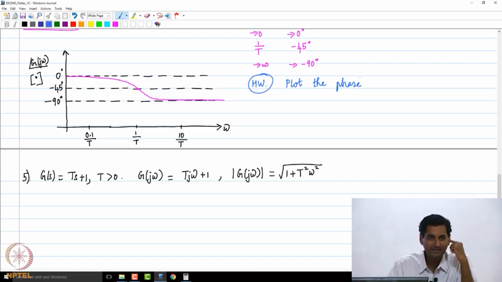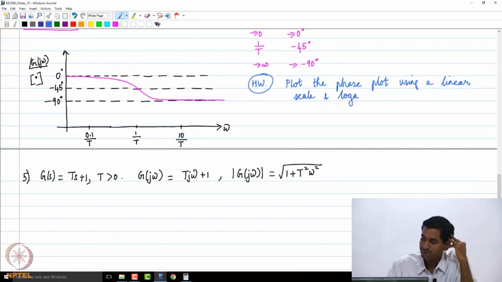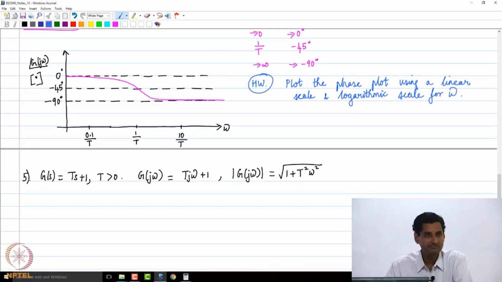Plot the phase plot using a linear scale and logarithmic scale for omega. Assume some values for capital T.